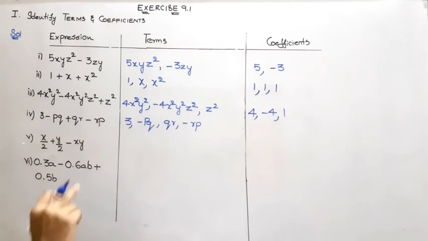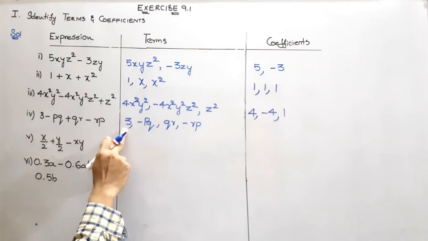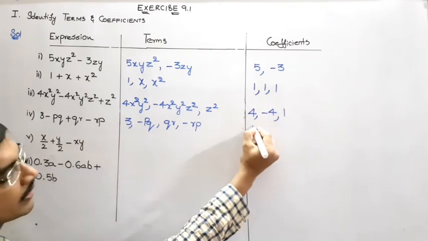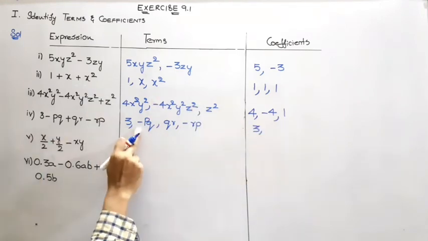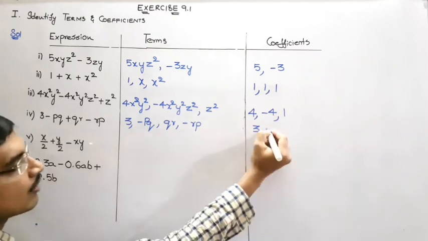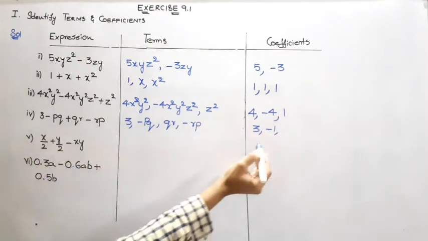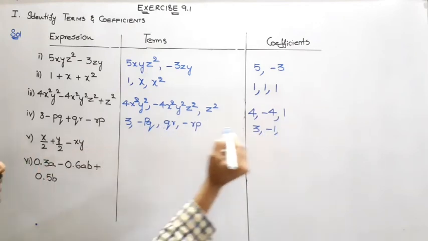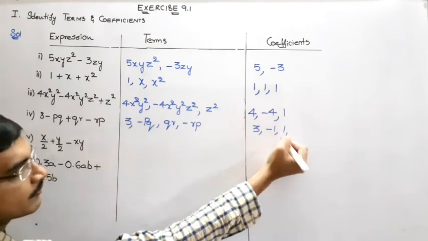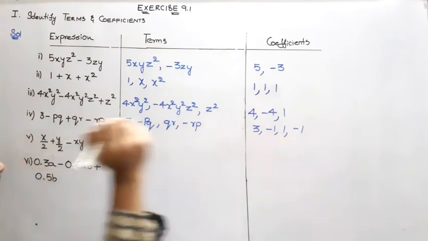Now the coefficients. Here we have 3. It doesn't mean we have to take 1, because here we already have 3. Hence 3. For minus PQ, we don't have a numeral, hence minus 1. As I told, minus is applicable to the coefficients. QR, again 1, minus RP, minus 1.